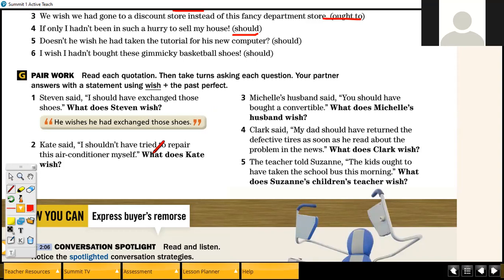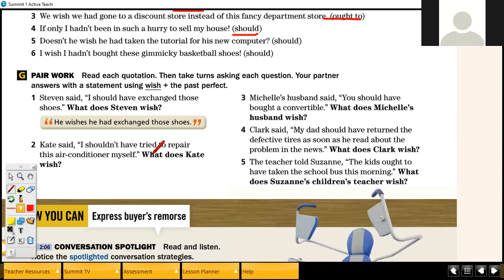All right, number 3. Michelle's husband said, you should have bought a convertible. What does Michelle's husband wish? He wishes, she, no, she, because he's talking about her.